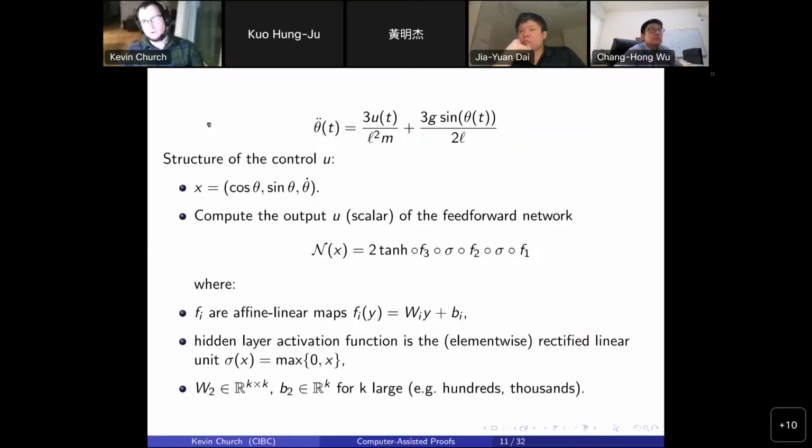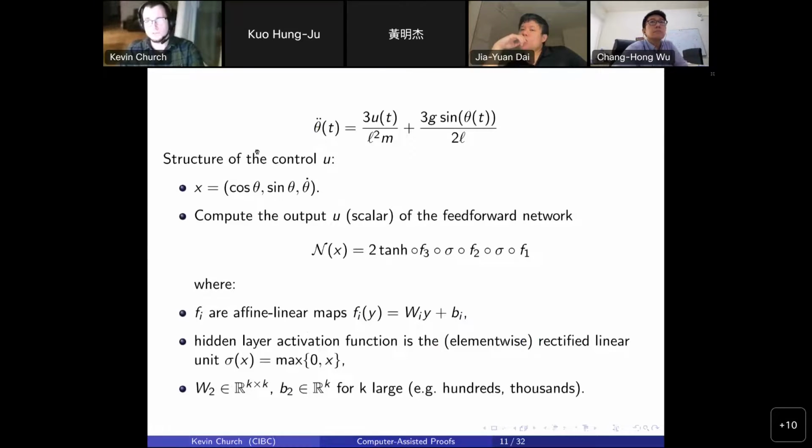Since we're talking about evaluation of functions, and I claim that this can sometimes be non-trivial, I want to explain how this neural network structure works. If you don't know anything about feed-forward neural networks, that is totally fine. The main idea in this context is that this function u of t is actually a function of the state theta.